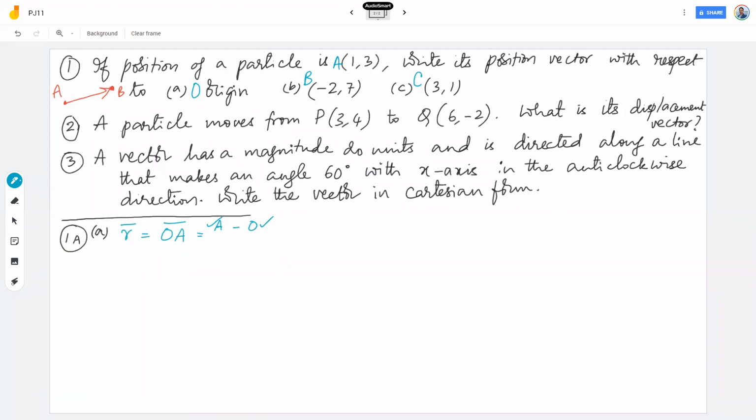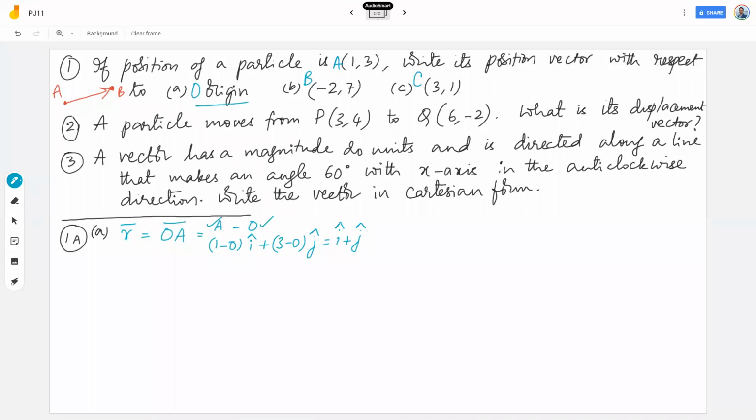What is point A? (1, 3). What is point O? Origin (0, 0). So point A minus point O gives 1 minus 0 i cap plus 3 minus 0 j cap. So the answer is i cap plus 3 j cap.